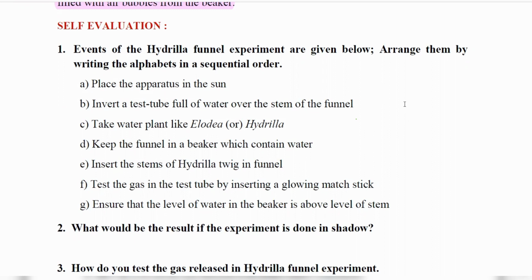Next, insert the stems of the hydrilla twig in the funnel. Number 1 is C. Number 2 is E. Insert the stems of hydrilla twigs in a funnel.